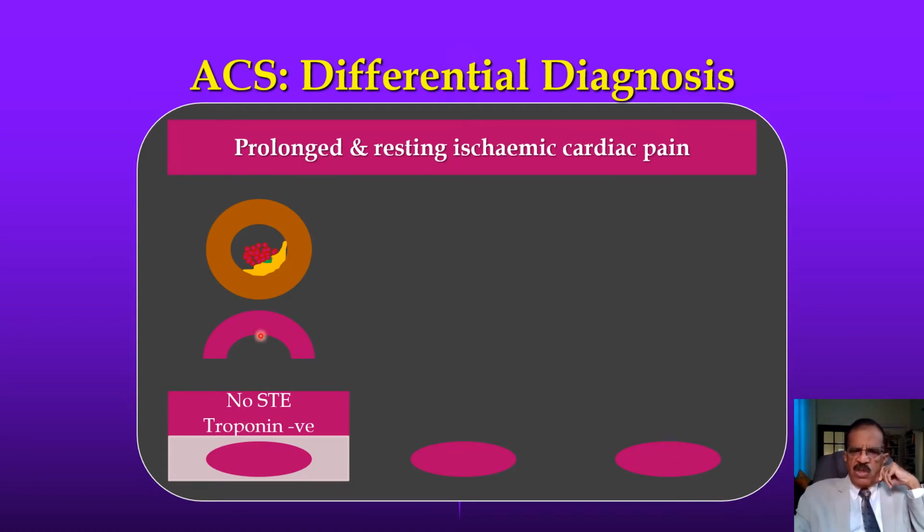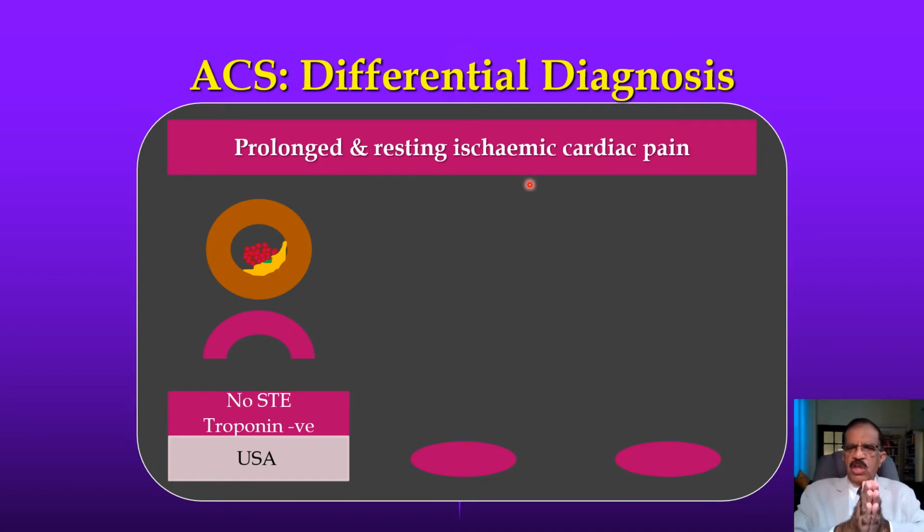If you do ECG in this patient, there should be no ST segment elevation, and troponins should be negative because there is no myocardial necrosis. So if there is no ST segment elevation and troponins are negative, then it could be called unstable angina pectoris, provided we are dealing with ischemic cardiac pain.